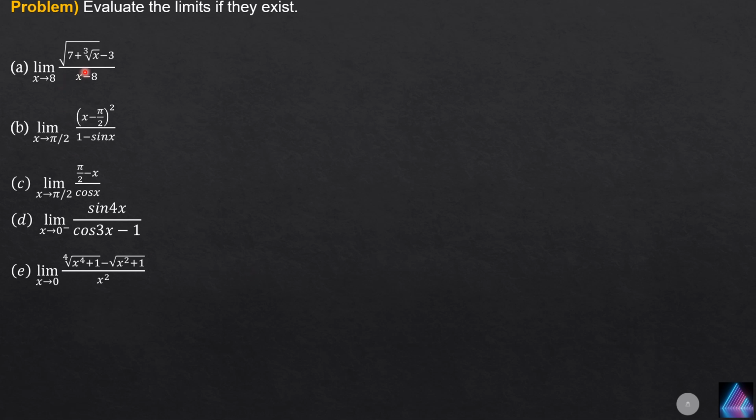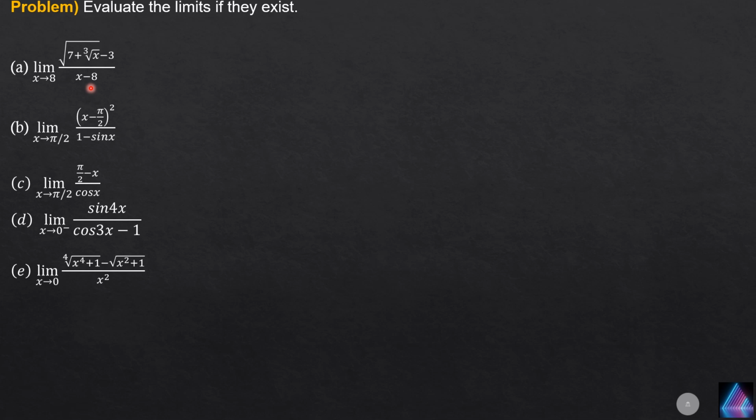So first, if we're going to analyze part A, we're going to rationalize the numerator first so that it will be free of radicals, and to anticipate, after we multiply the numerator and the denominator by the conjugate of the numerator, this will be cube root of x minus 2, which is a factor of x minus 8 if we're going to force it, leaving cube root of x minus 2 cancelable when x approaches 8.